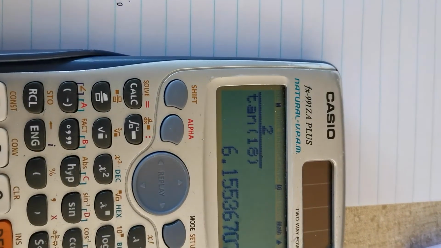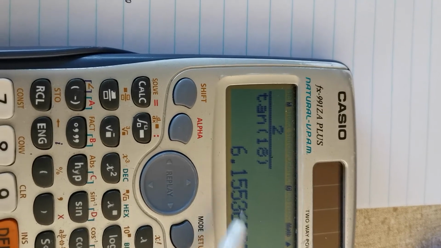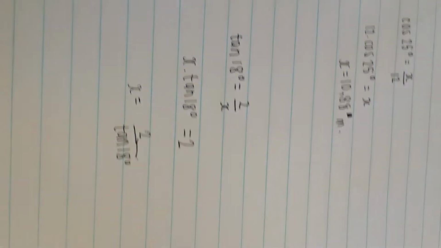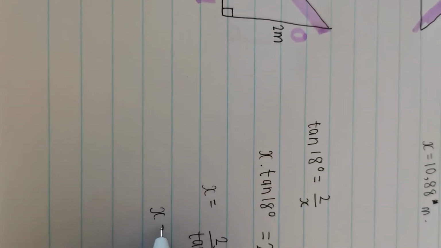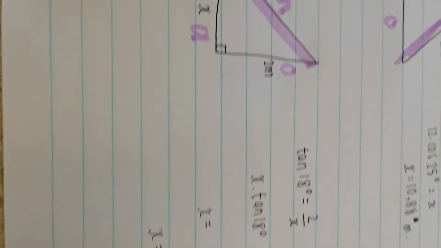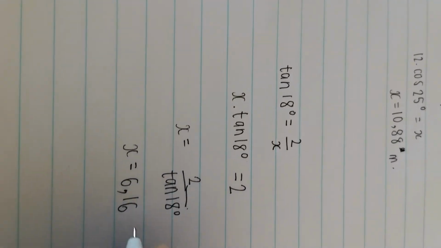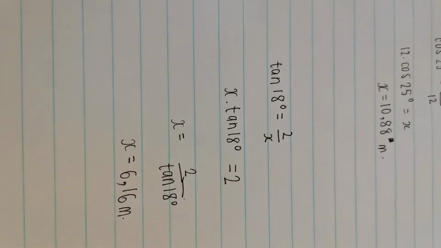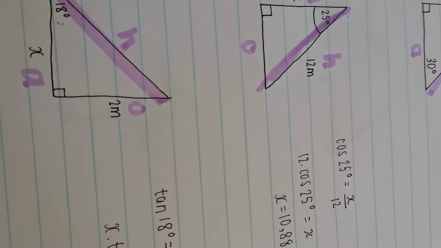Remember, round off to two decimal places, so 6,16. This time we were in meters, and that's our answer. 3 more.